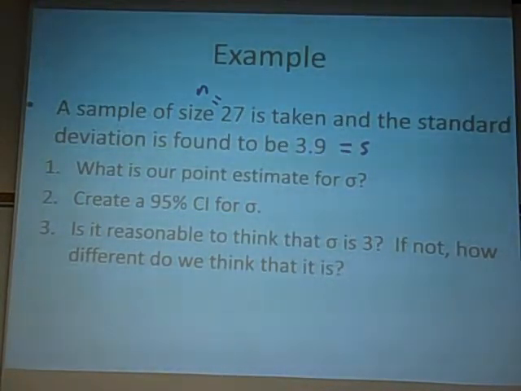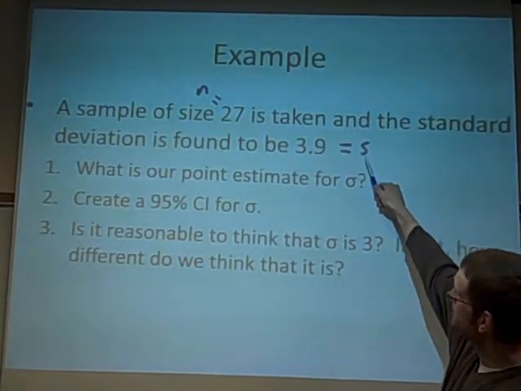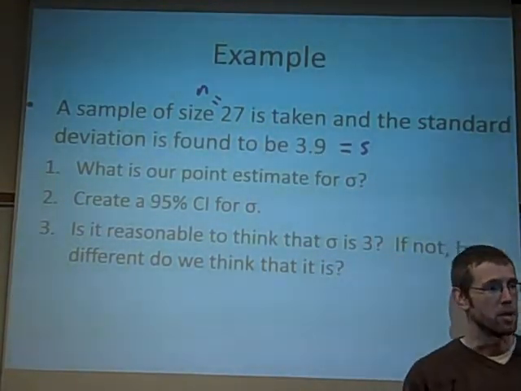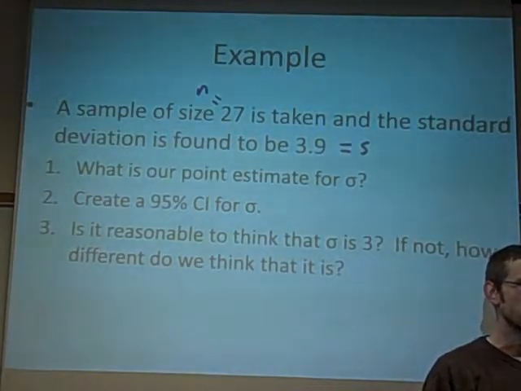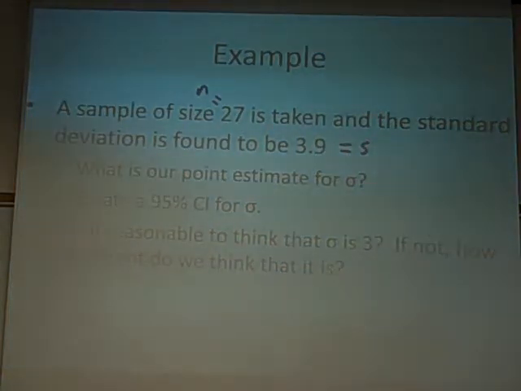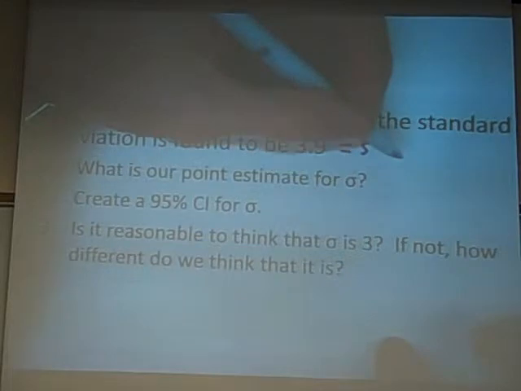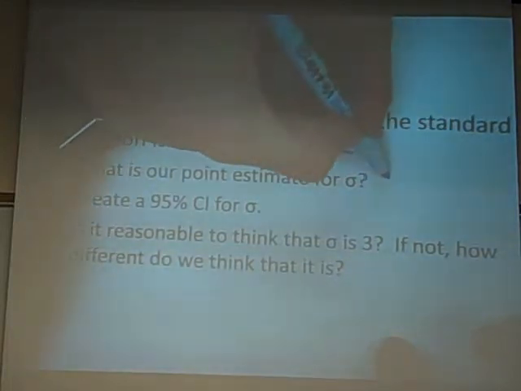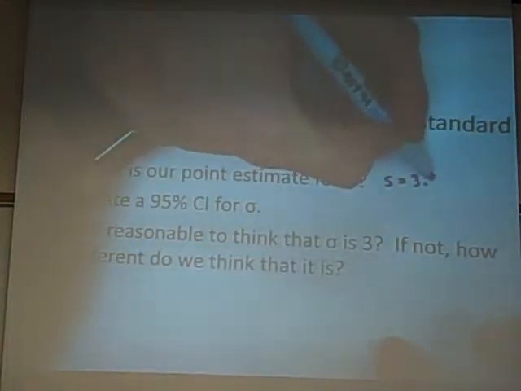It's unbiased and has some other nice properties. The bad thing about s is that it's a little biased, which means on average it's going to be off a little bit. So s may not be a perfect point estimate for sigma, but it's the best that we've got. So our point estimate for sigma is going to be s, which is 3.9.